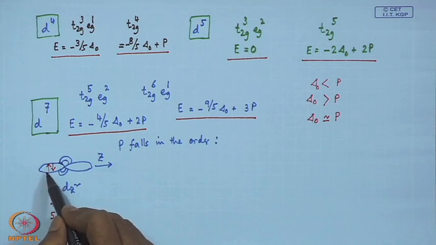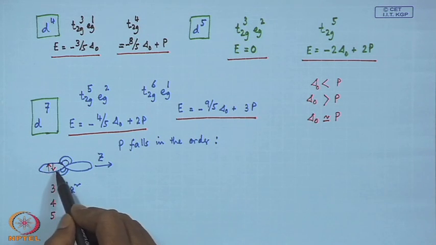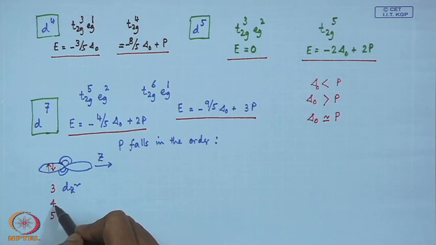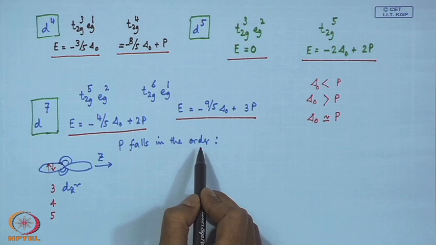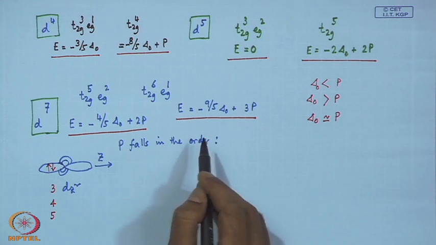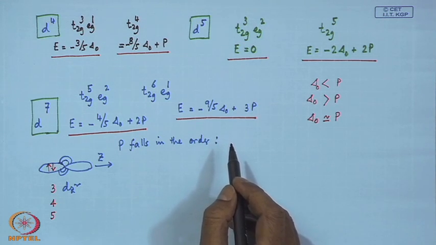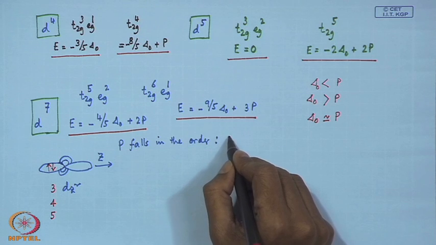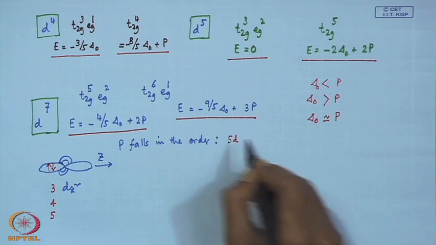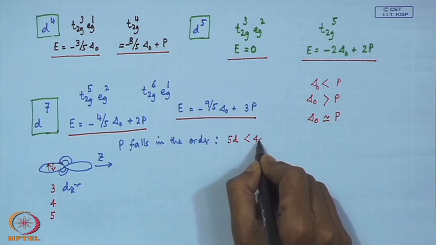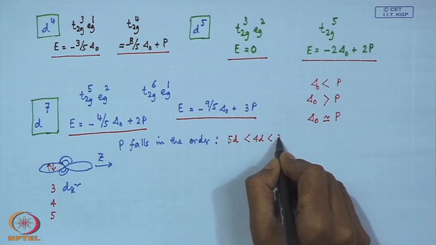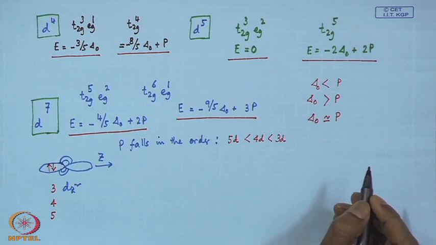So, the repulsion experienced by the 2 electrons would be less in the case of 4 and also in the case of 5. That is why the pairing energy P for the pairing of electrons in these levels basically falls in the order where the 5d level has the lowest pairing energy compared to 4d and then 3d.